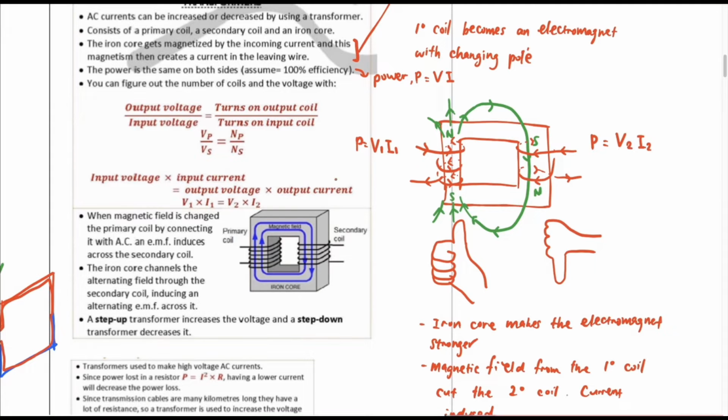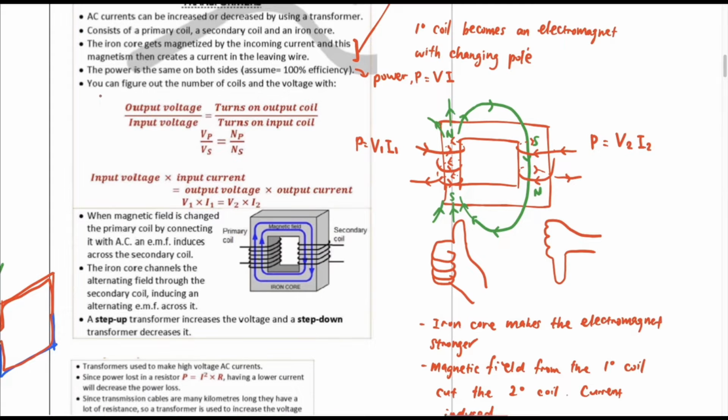If you don't want to call it secondary voltage and secondary current, you can call it output voltage and output current. So they have the same power. These and these are equal. And so we assume the transformer to be 100% efficient. Then this formula is valid.